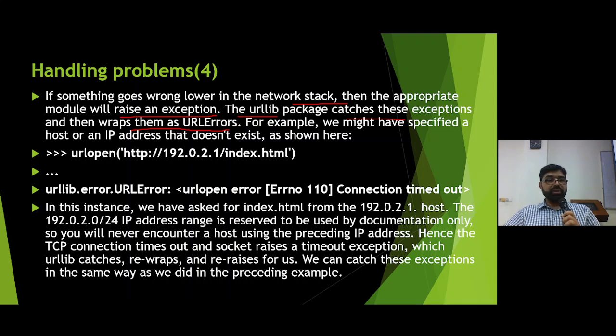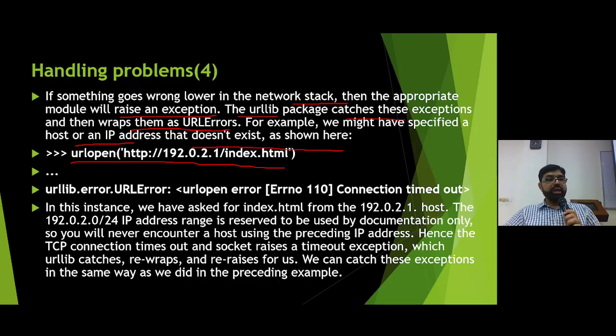For example, we might specify a host or IP address that does not exist. Suppose in this example, we just write urlopen, and in the brackets we provide a web address which is not a right web address.